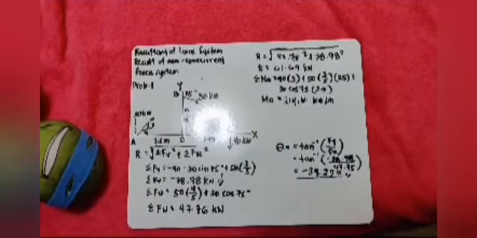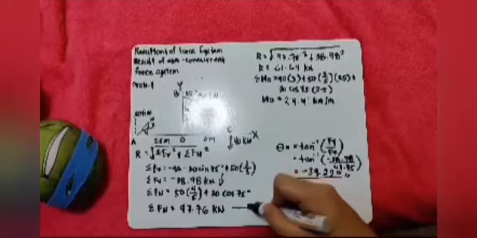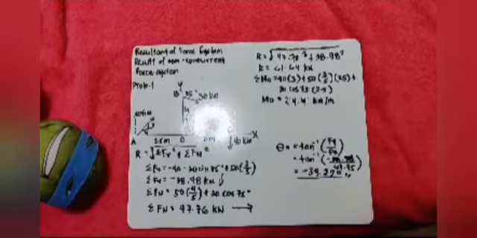Then, summation of force resultant is equals to 50 times 4/5 plus 30 cos 75. And summation of force resultant is equals to 47.76 kilonewton. So, positive siya. Kaya, right. Then, resultant is equals to square root of 47.75 squared plus 38.98 squared is equals to 61.64 kilonewton.